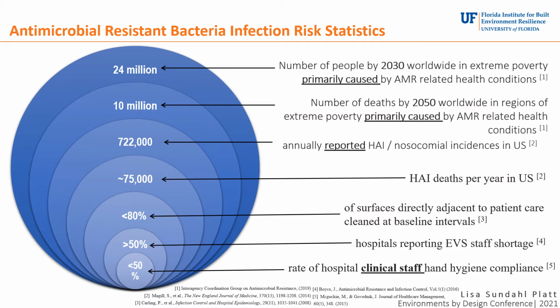And the number of people by 2030 worldwide who live in extreme poverty, which is primarily caused by antimicrobial resistant related health conditions, is currently estimated to be around 24 million.